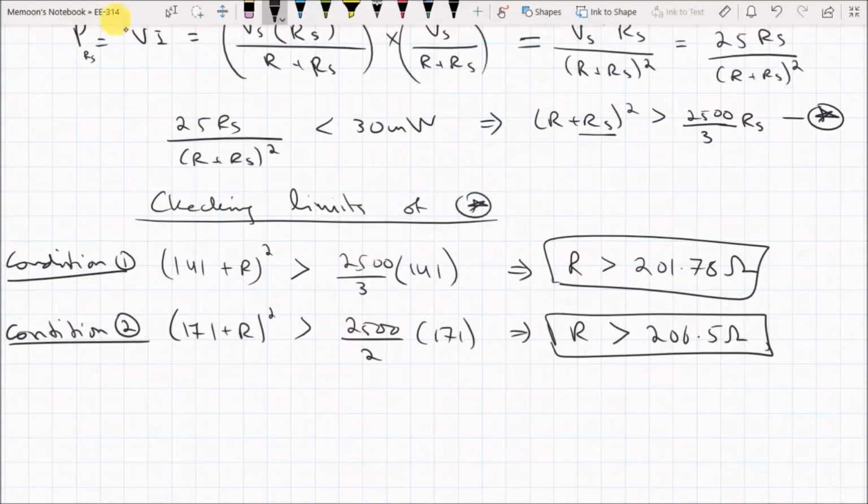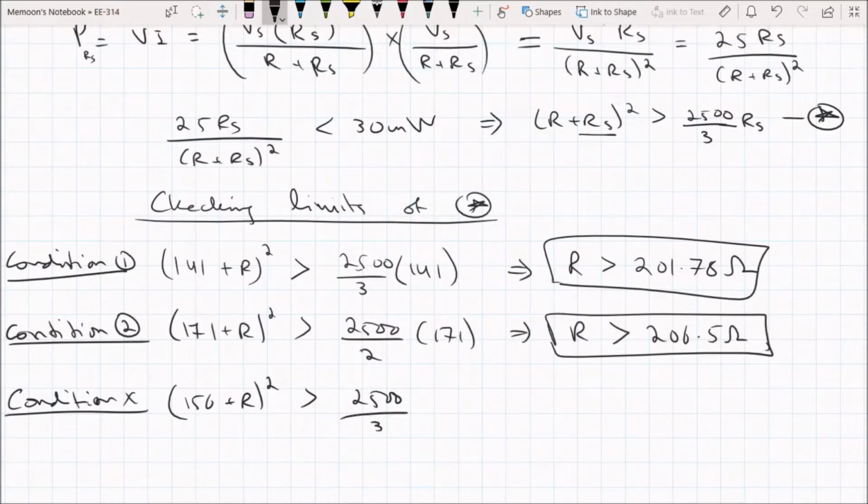Let's find out. For the middle condition, for condition X, let's put it the average of these two, 156. (156 + R) squared should be greater than 2500 over 3 into 156, and this will give you an R of that. R should be greater than 204.55 ohms.